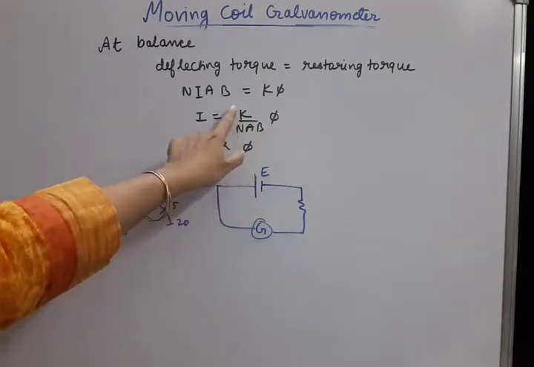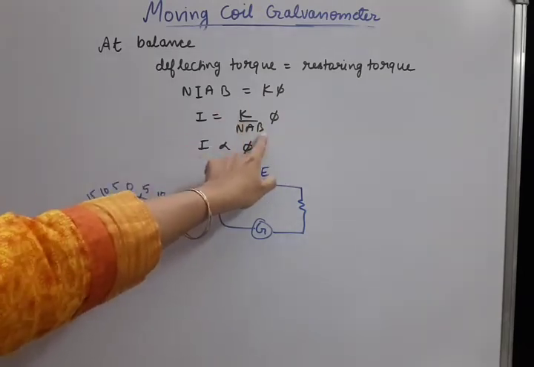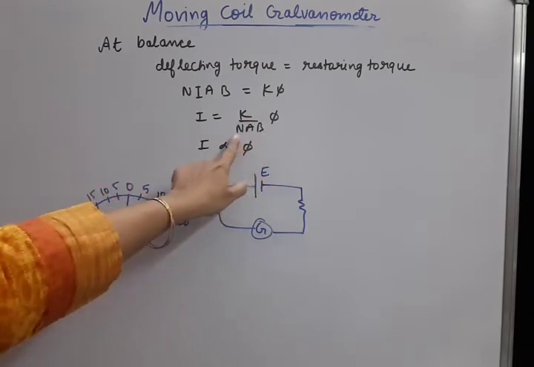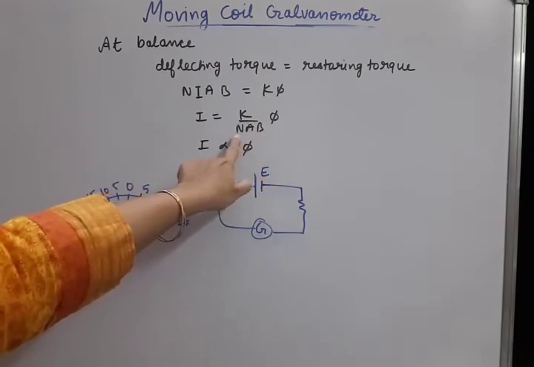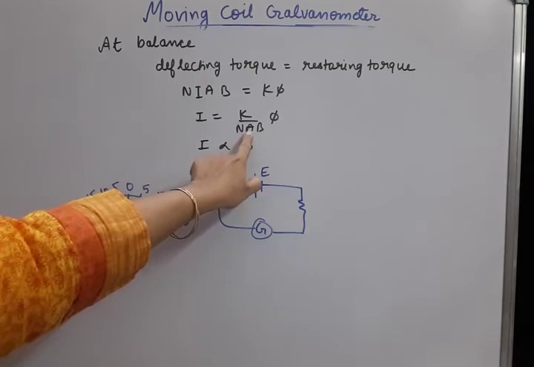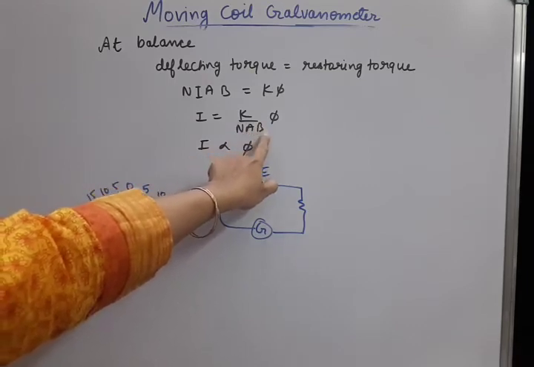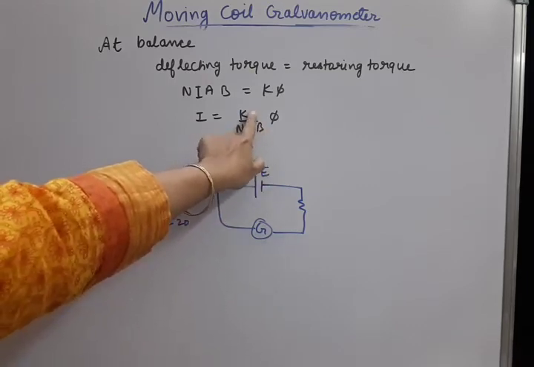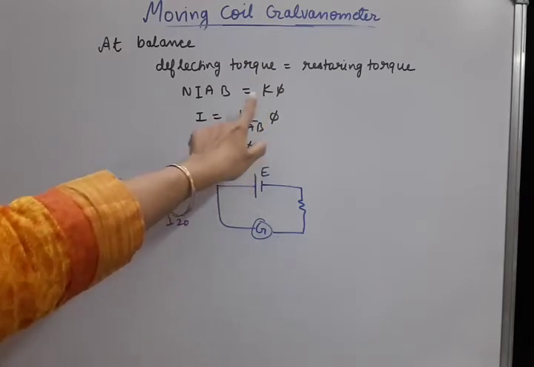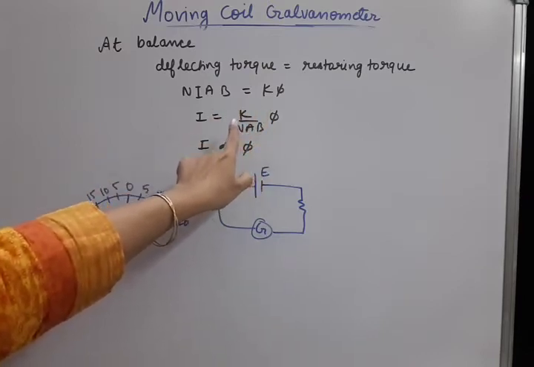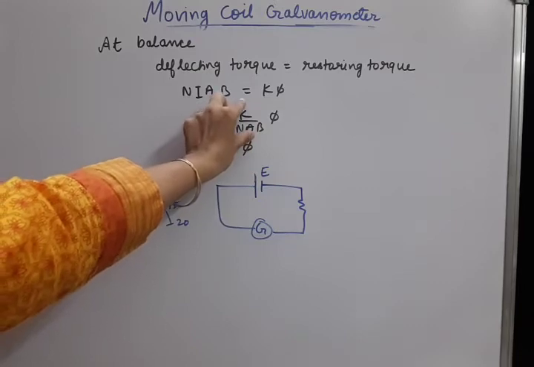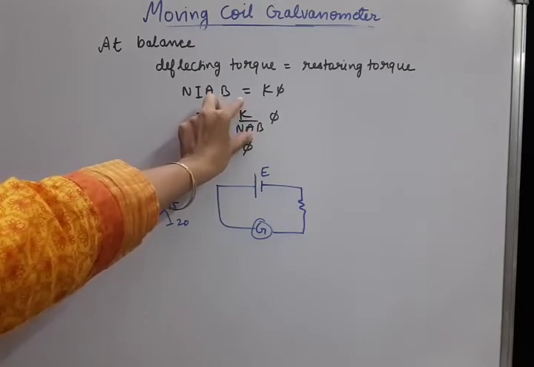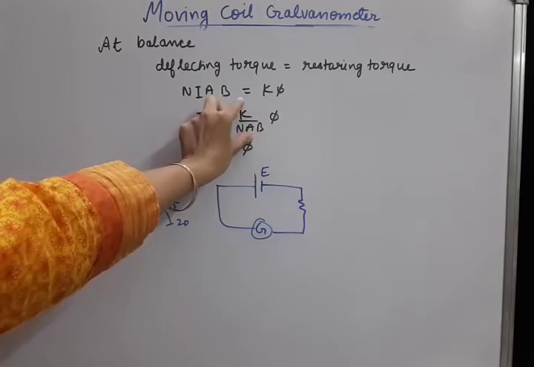Now you can see, since all these terms are constants, because N is the number of turns, A is the area of the coil, B is the magnetic field, and K is the spring constant. Once the moving coil galvanometer apparatus is prepared, all these infrastructure constants are fixed. They cannot be changed.